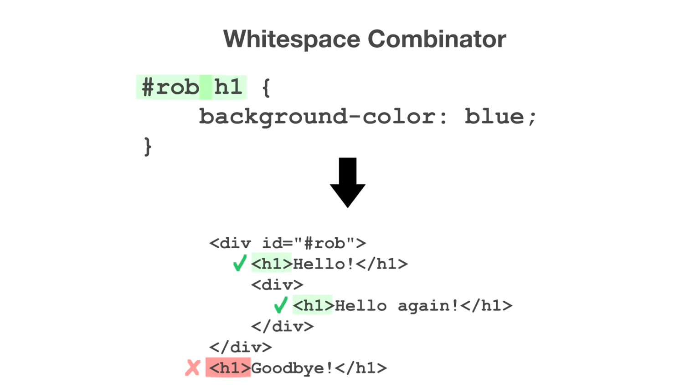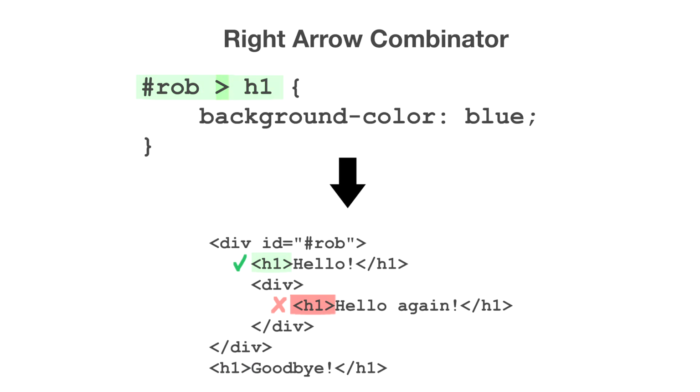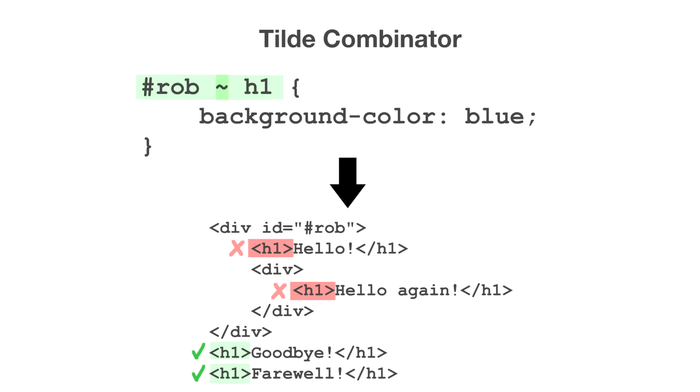The common combinators include whitespace for all children and commas to distinguish selectors. Others you may encounter include the arrow for direct children only, the tilde for all siblings that occur after the element, and the plus sign for the one sibling that comes immediately after the element. By combining these selectors and combinators, you can broaden the range of styling you can achieve on a given web page and write CSS more efficiently.